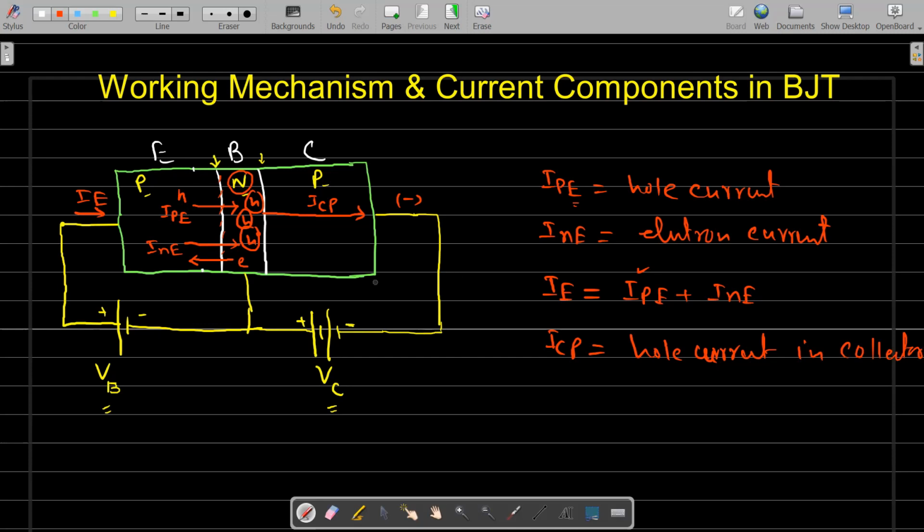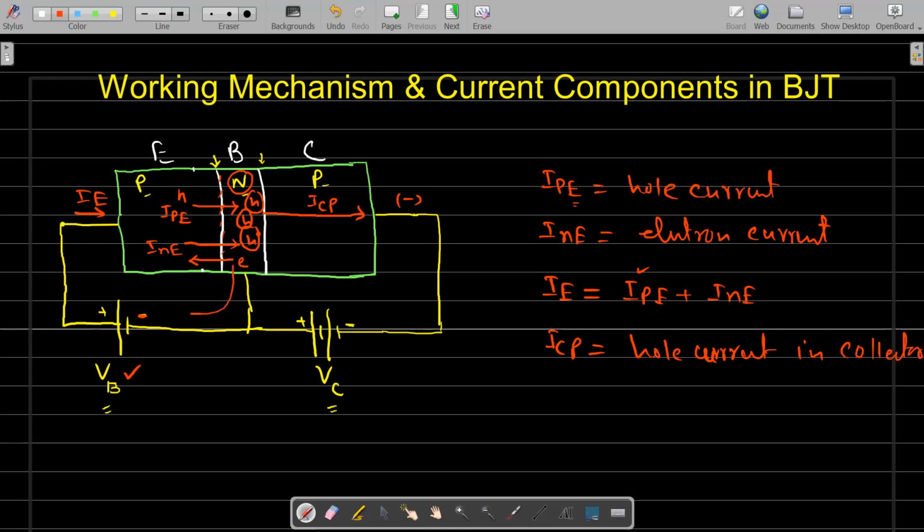Now check, since a few electrons are lost due to recombination in the base region, that electron will be supplied from the negative terminal of this battery, because VB is what we are applying to make the base-emitter junction forward biased. The free electrons which are lost are supplied from this battery.